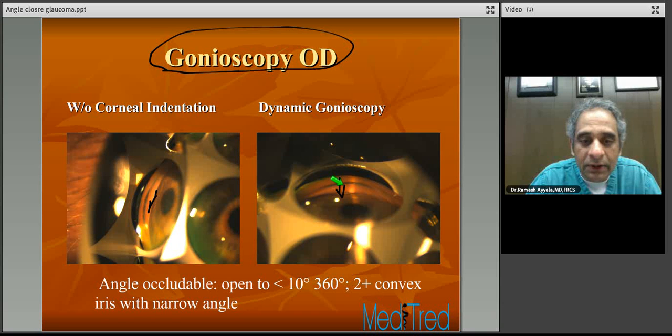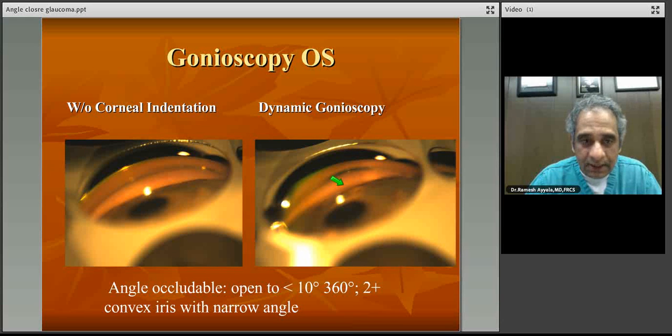So in this particular eye, it's telling you that the angle is likely to be occluded, but has not developed synechial adhesions between the iris and the angle structures. And so maybe iridoplasty or iridotomy may be effective in keeping this occludable angle from going into chronic angle closure glaucoma or an acute attack of glaucoma.